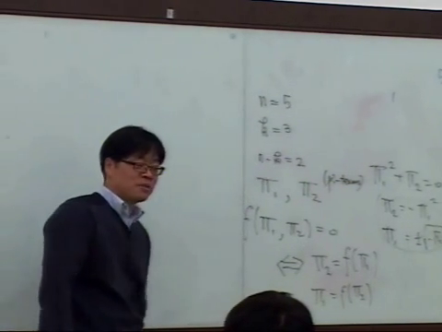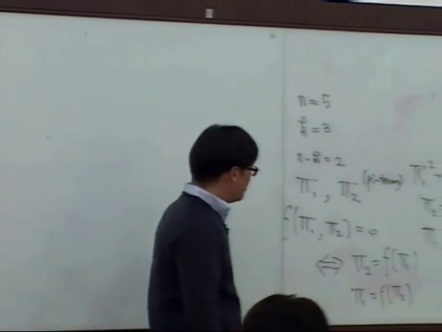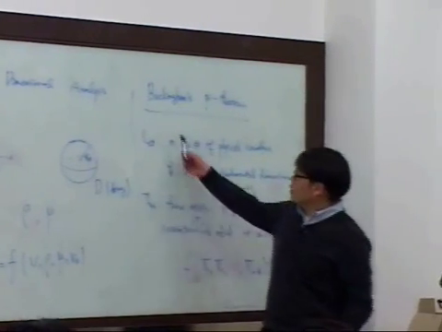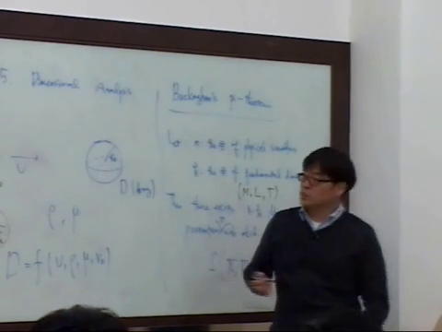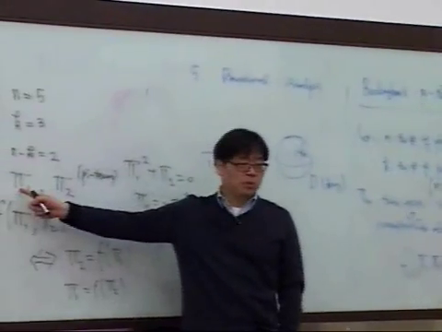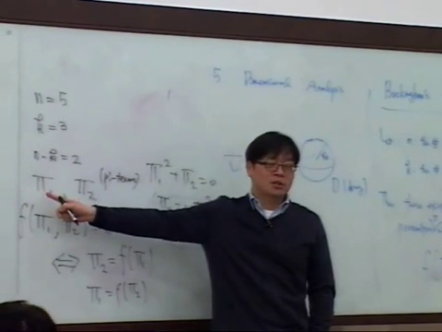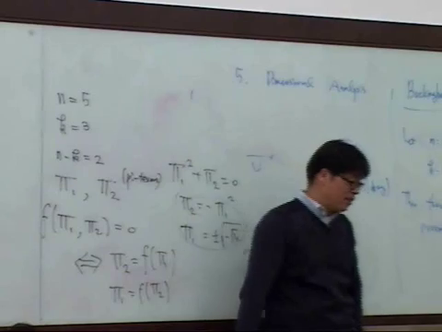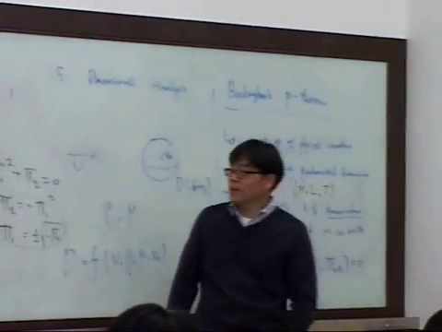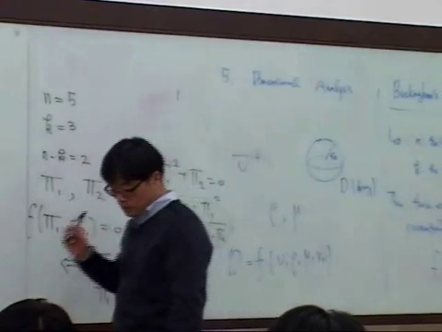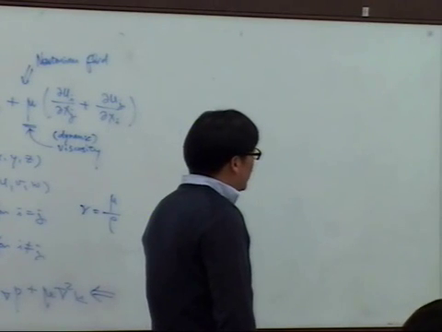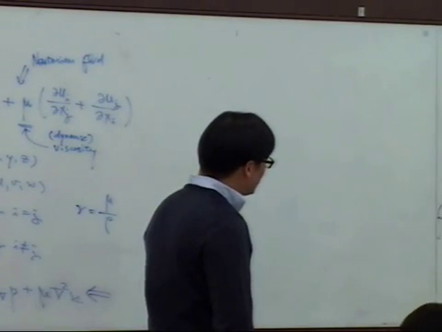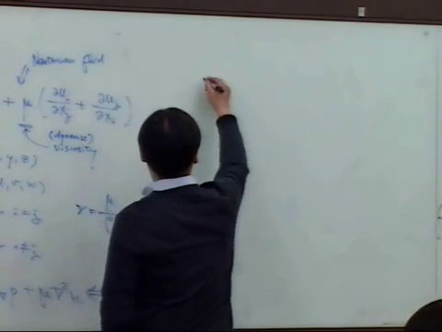The reason why we call them pi terms is that the first person who did this systematically was Buckingham, and in his work he used this symbol, the capital Greek letter pi, to represent a dimensionless parameter. Therefore people call these dimensionless parameters pi terms.